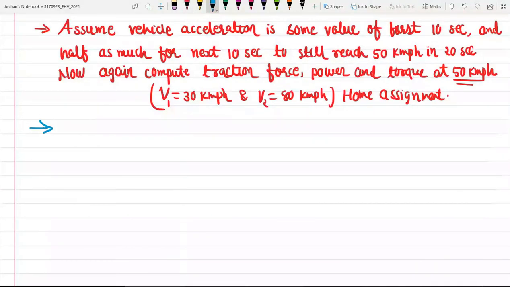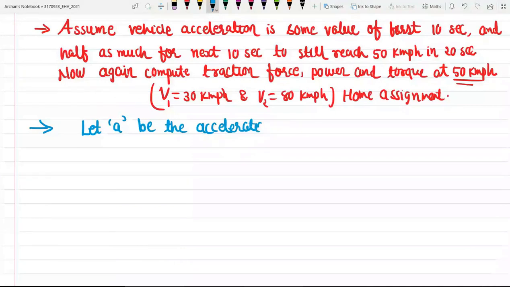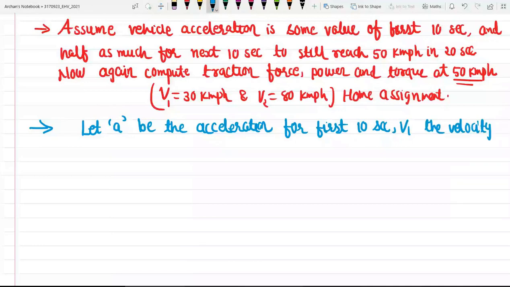Okay, so let us assume this particular thing. Let A be the acceleration for the first 10 seconds, and V1 the velocity at the end of 10 seconds.